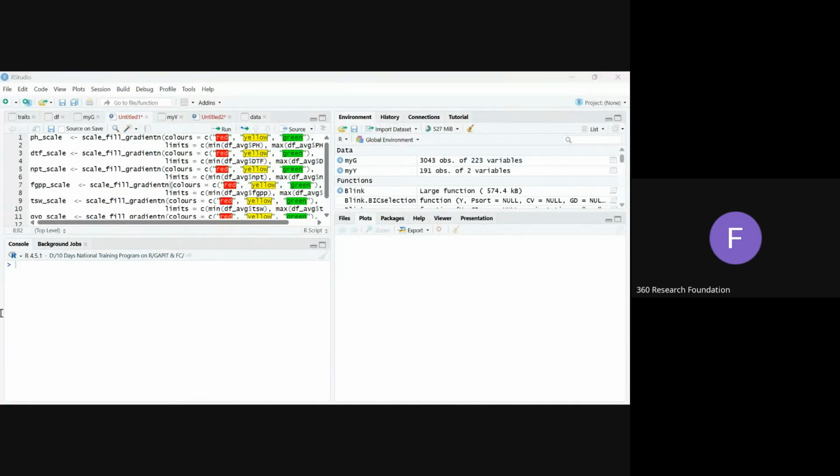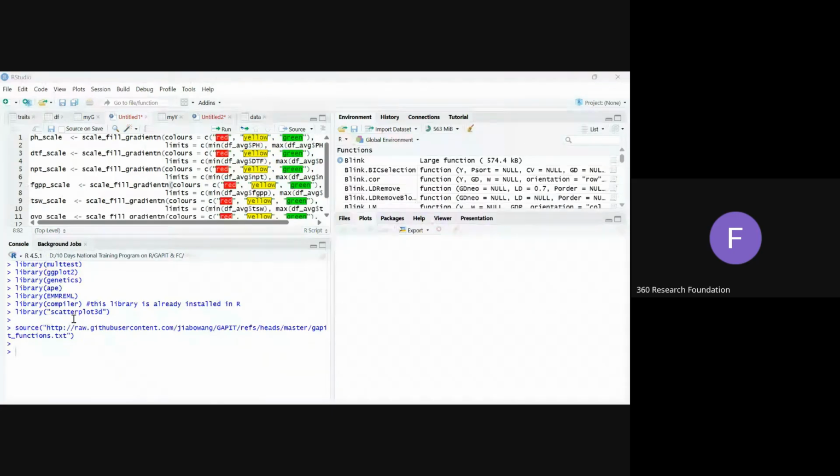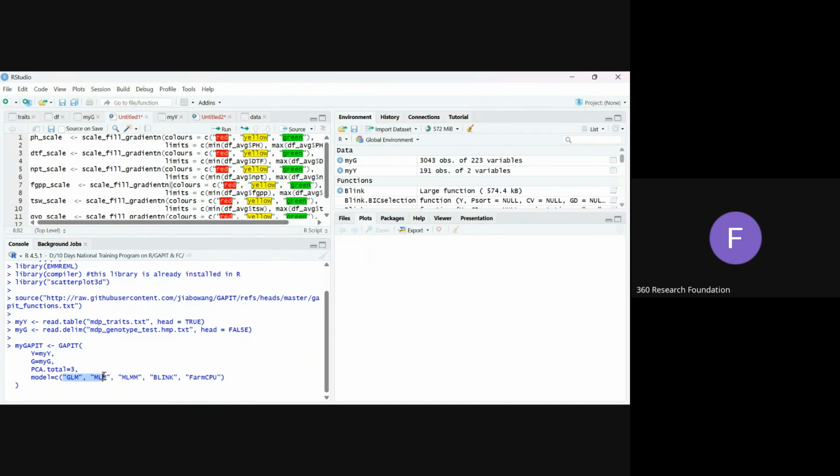I am getting an error, I don't know. Take only one model. Don't go for more than one.